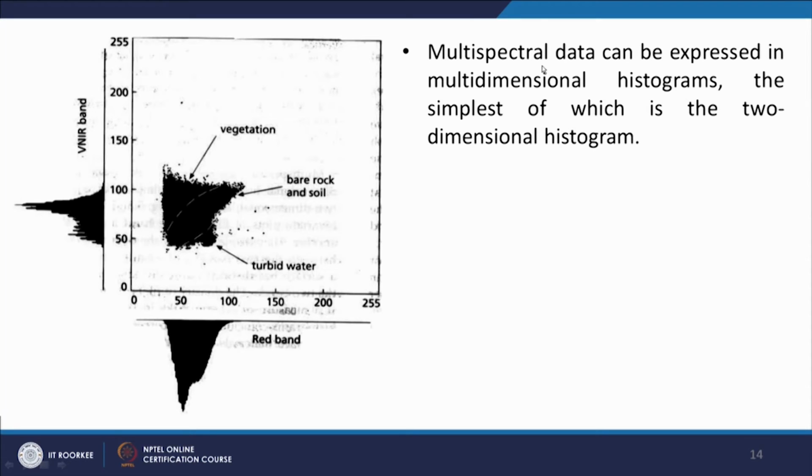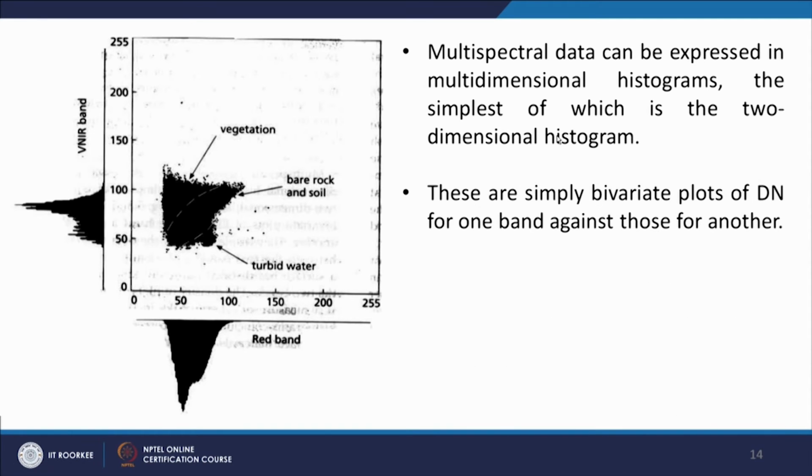Initially from one band, that is a single histogram, if we go for a two-dimensional histogram, then this kind of distribution is possible through a scatter plot. Multispectral data can be expressed in multidimensional histograms, the simplest of which is the two-dimensional histogram, which we also call a scatter plot.